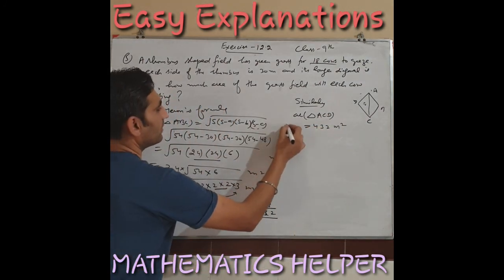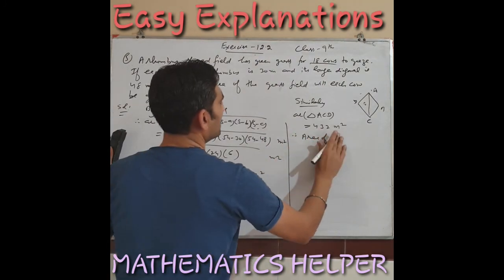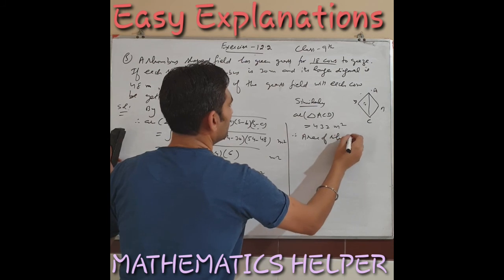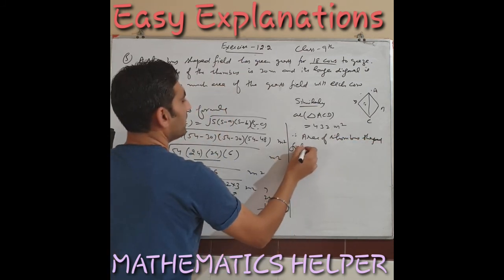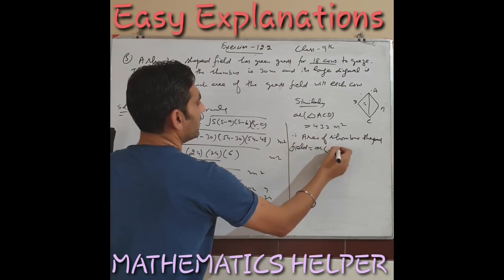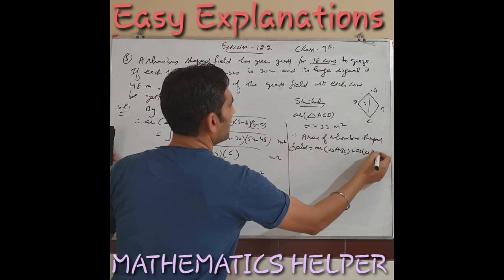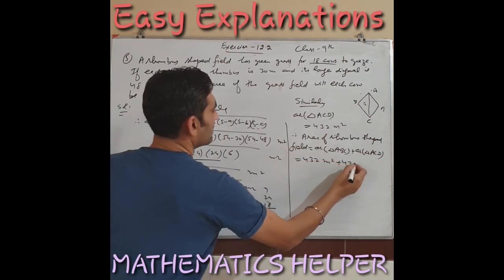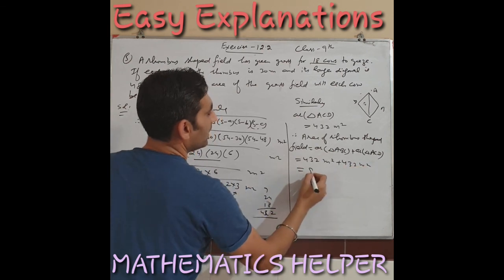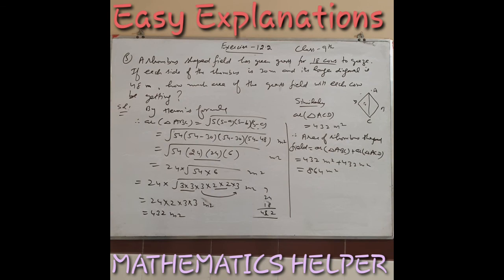Therefore the area of the rhombus shaped field will be equal to the sum of the areas of triangle ABC and triangle ACD, and each is equal to 432 meter square. So the total is 864 meter square. This is the total area in which 18 cows are grazing.